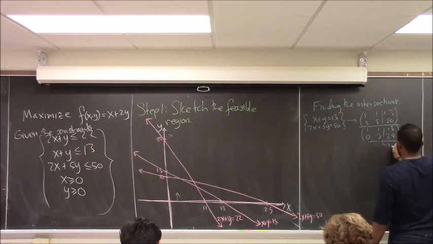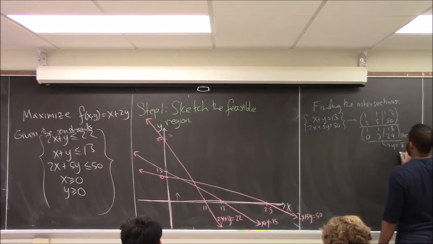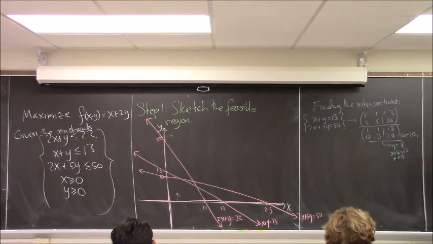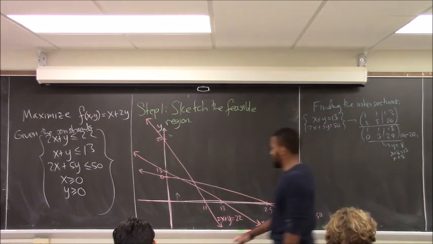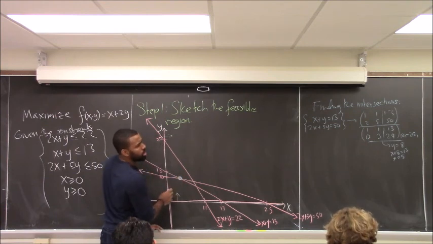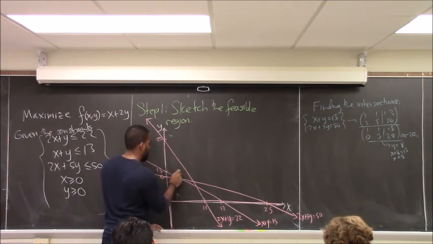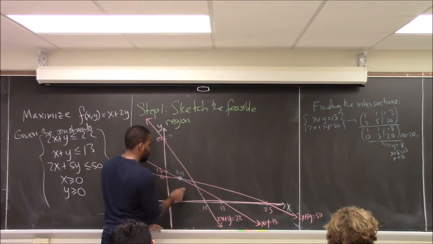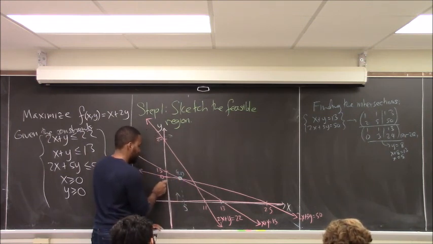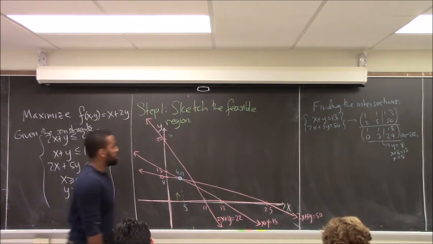So this means your y would equal 8, and your x plus 8 must be 13, which means your x is equal to 5. So it means that this location here will strike at 5, 8. So that would be 5. This will be 8.